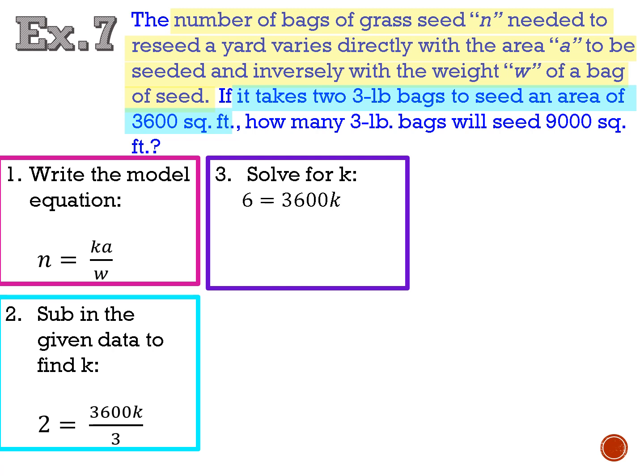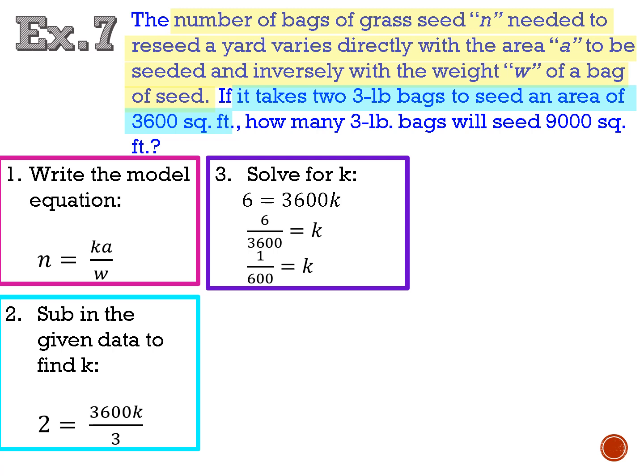But I chose to multiply both sides by 3 to get rid of that division. So I got 6 equals 3,600K. I divide by 3,600. Now, 6 goes into 3,600, 600 times. So, 6 over 3,600 simplifies to be 1 over 600.